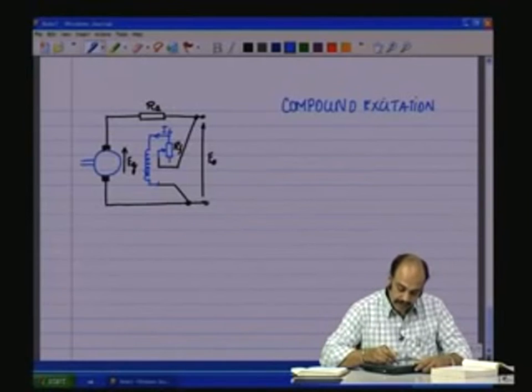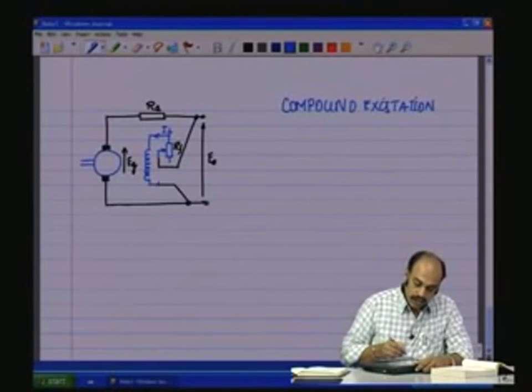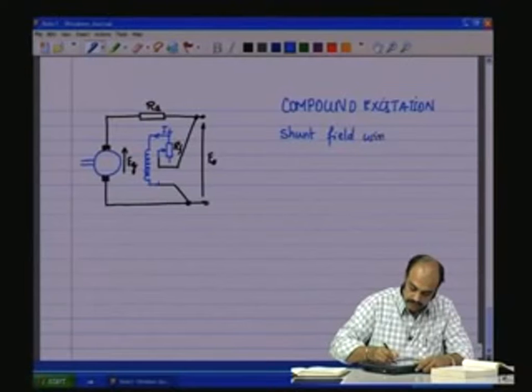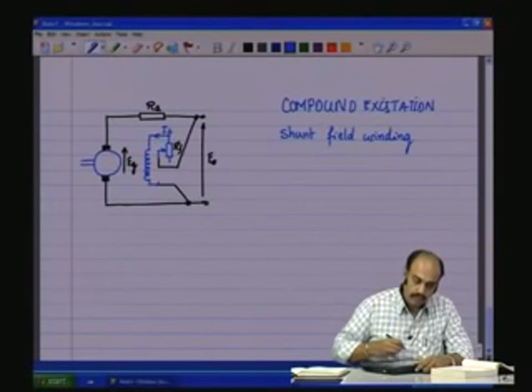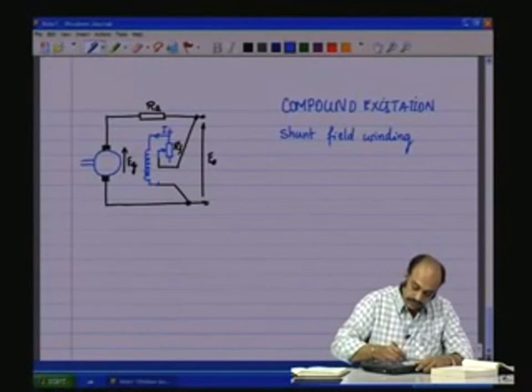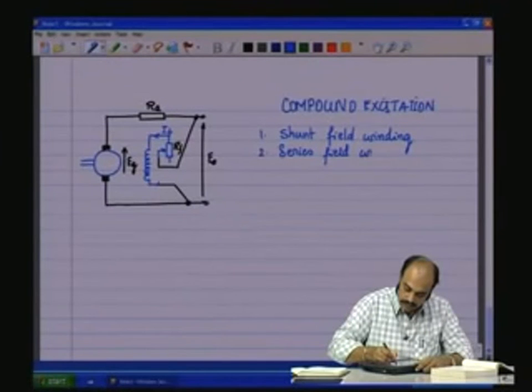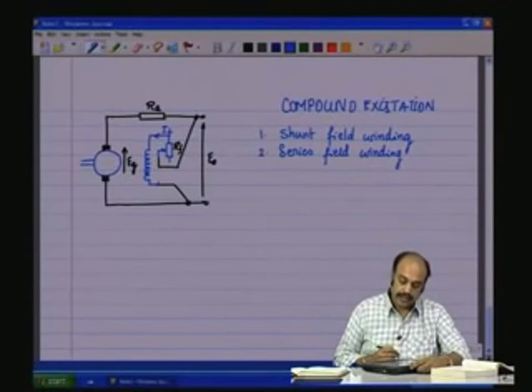So, in this compound excitation, we have the shunt field winding. We also have a series field winding.